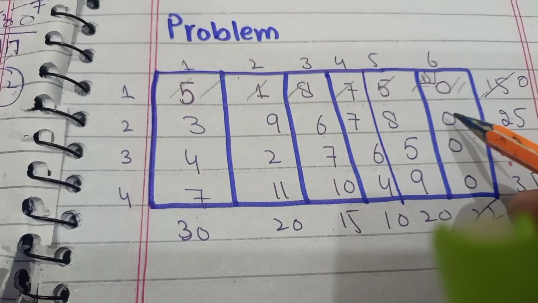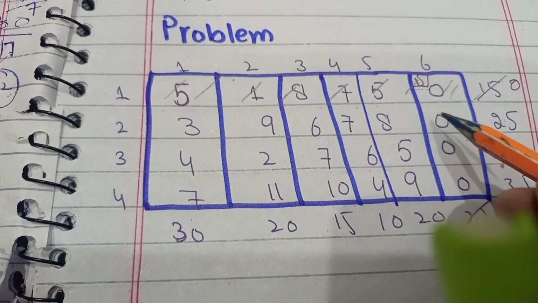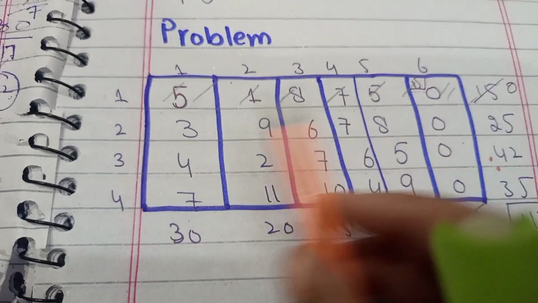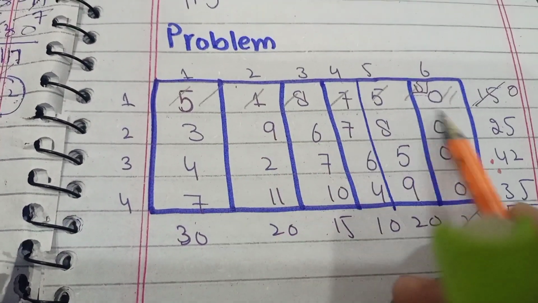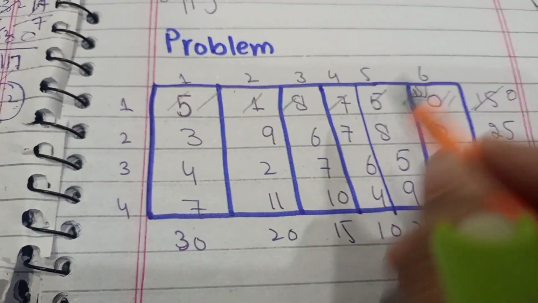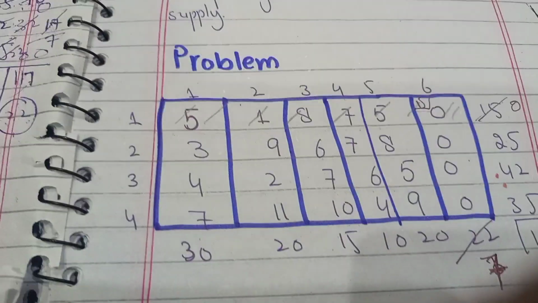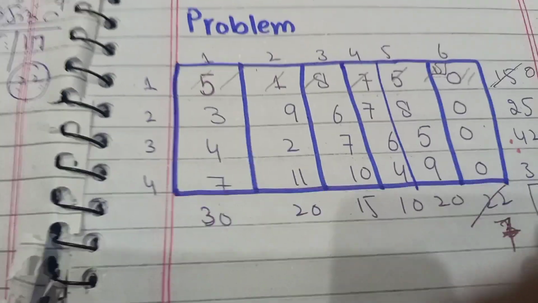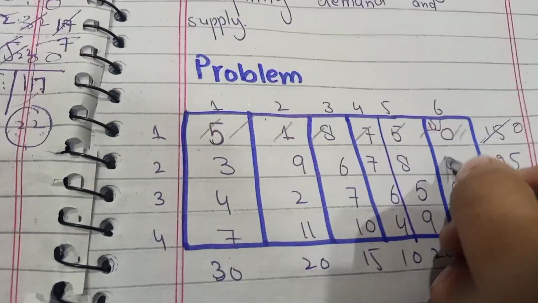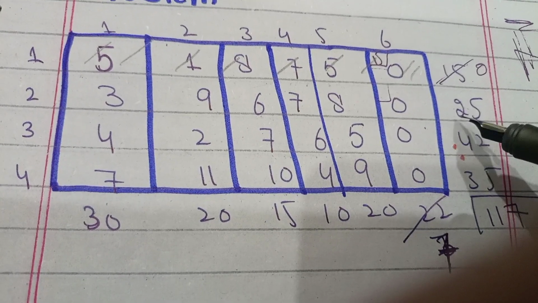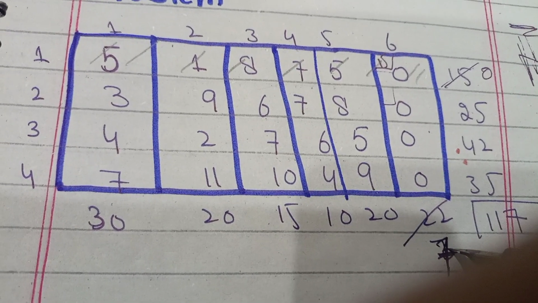Now we will choose another least value in the cost matrix. Cost matrix is the whole problem, all the sources and destinations. So we will choose 0 again because 0 is the least amount. With respect to this 0, 25 is the supply and 7 is the demand.